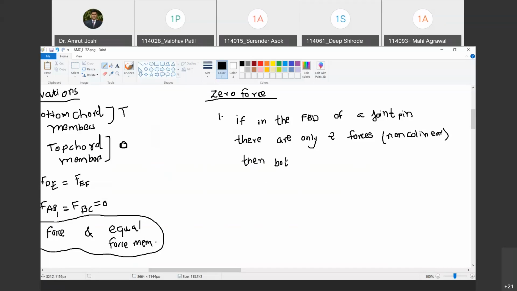Are you with me? Yes, sir. Both the forces must be zero. This is the first law.